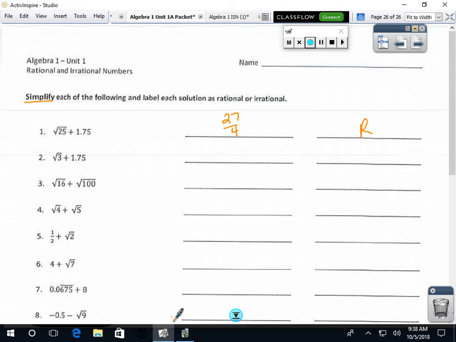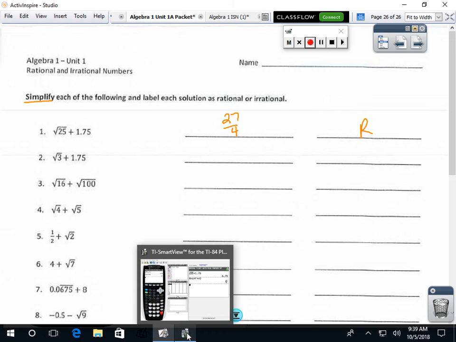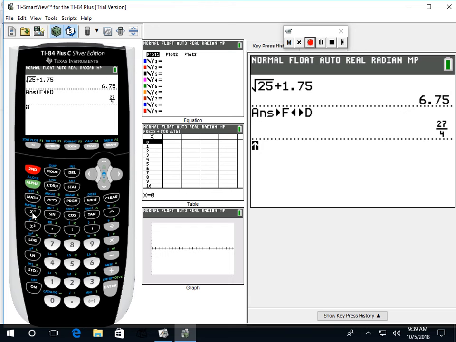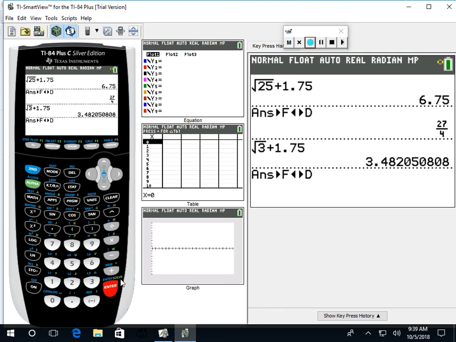Okay, so now number 2, let's type it in. Square root of 3 plus 1.75. Okay, you get a decimal that does not have a repeating pattern and it does not terminate. But I'm always on the safe side. I always just hit alpha y equals number 4 anyway.